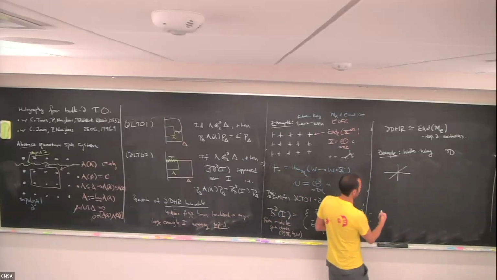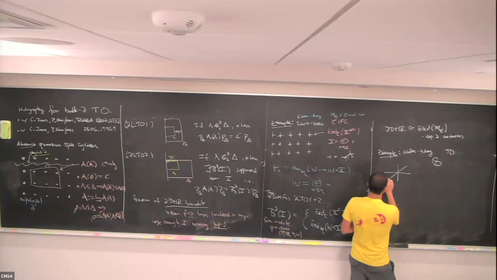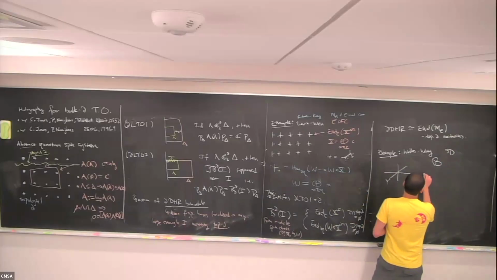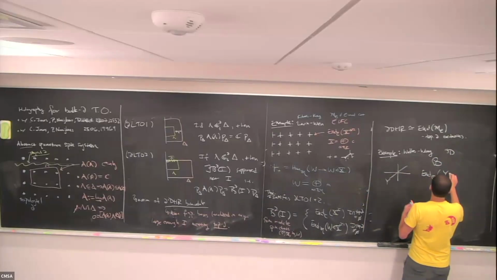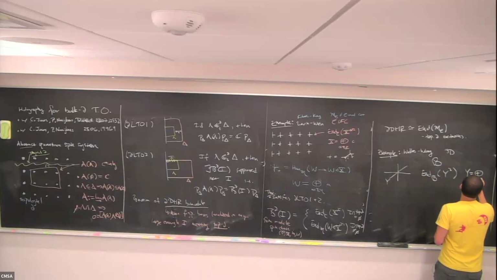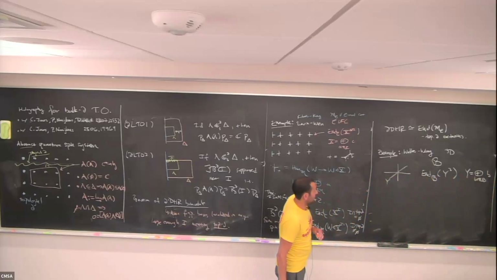But the idea is this is now based on a braided fusion category B, and now I need a new name for the object. I'm going to call the object Y. That goes to each one of these. My Hilbert space is N in B of Y to the third, where Y is again the direct sum over the simples of B. So that's what I get for my local Hilbert space.